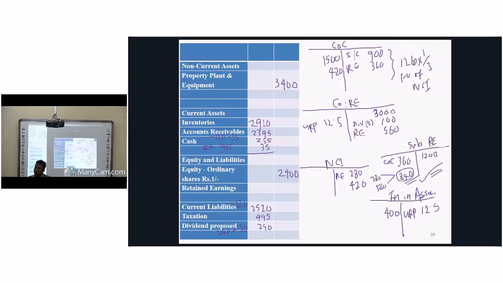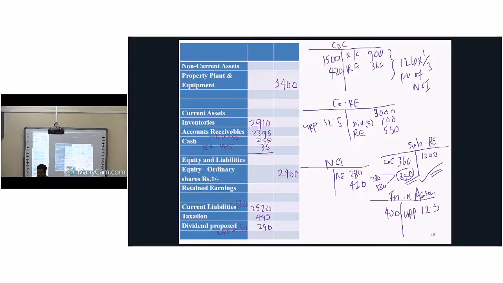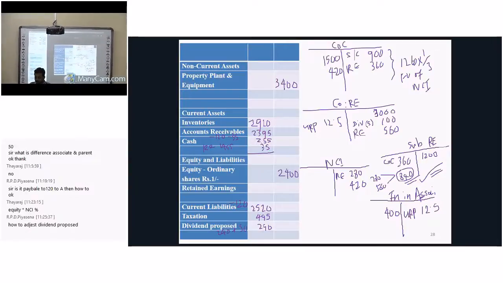Then we are in the investment in associate. We need to learn another point relating to investment in associate. PSN is asking how to adjust dividend proposed. Well, I have adjusted dividend proposed already. Look here.